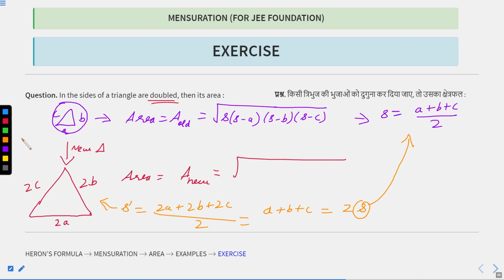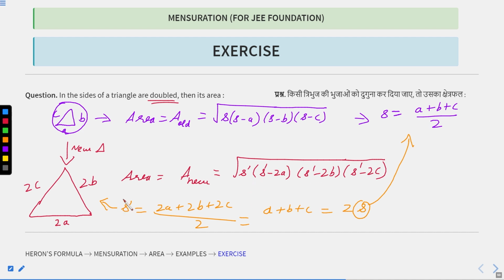Now my formula will look like the new semi-perimeter times the new semi-perimeter minus the side. The sides are 2A, 2B, and 2C. Okay, this is clear, I hope.